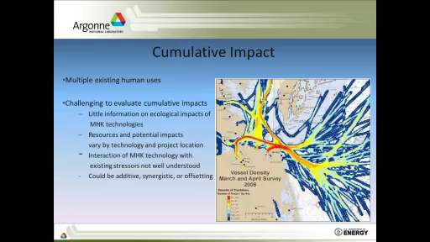Usually these interactions are described in terms of additive, synergistic, or offsetting. So for example, an additive effect would just be an incremental increase in, say, bottom disturbance. You can add the disturbance from an MHK device to the bottom to the existing bottom disturbances in the area. And I think most of the impacts of MHK devices are going to be additive, small incremental increases.